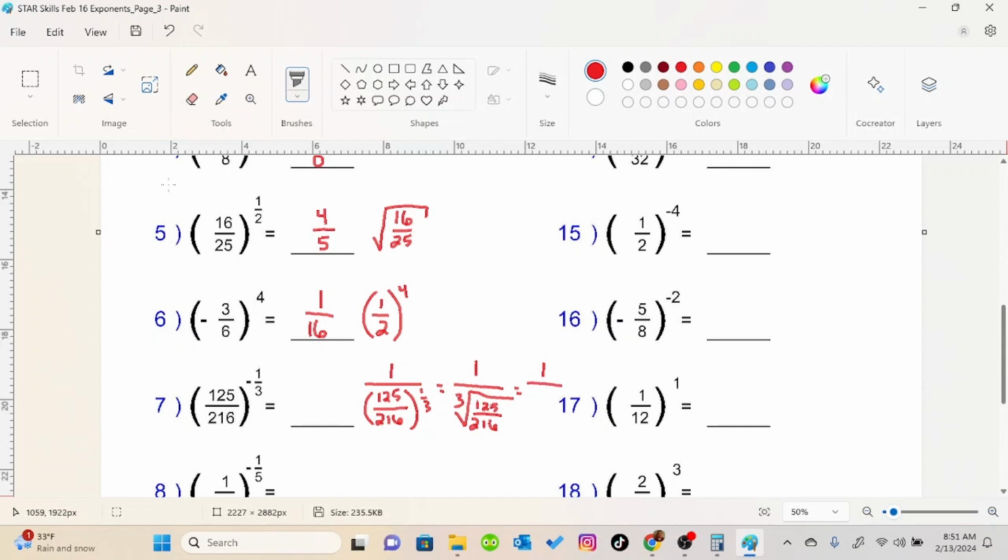The cube root of 125 is 5, and the cube root of 216 is 6. Dividing by a fraction is the same as multiplying by its inverse, and anything times 1 is itself, so the answer is the inverse, 6 over 5.